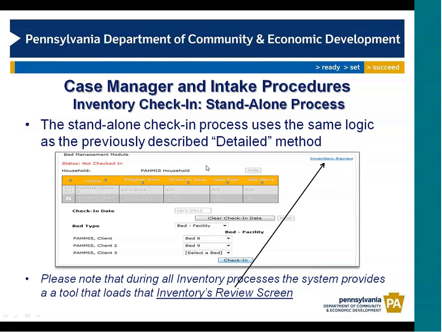When selected, it will load the review screen in real time in a brand new window. So it allows you to supplement the information you're doing, because you might get to the check-in and go, oh yeah, which beds are open, what do I want to put them in? You can just load that screen, get a quick reference point, and continue with the process.